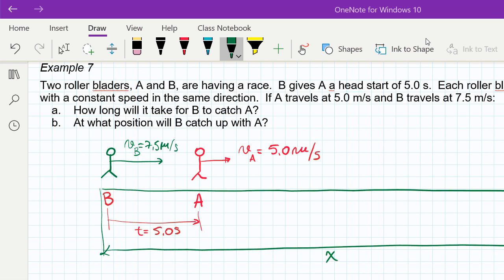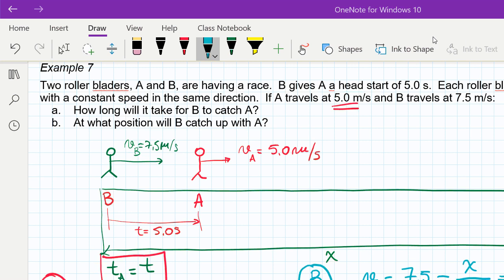But they both will cover the same distance X. So now the time that A is traveling, let's assign it T. The time that B will travel will be whatever A is traveling minus 5, because B is giving A a head start of 5 seconds, or T minus 5. Is this relationship clear? How did we come up with it?